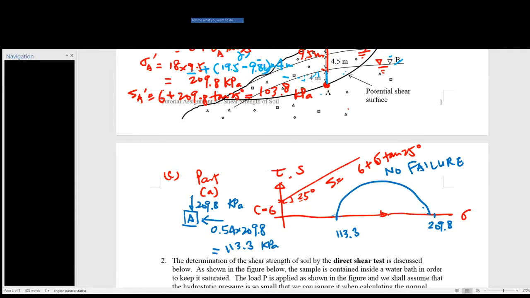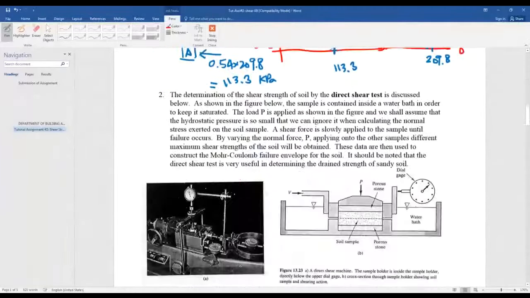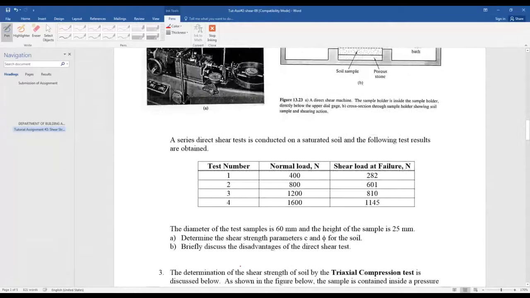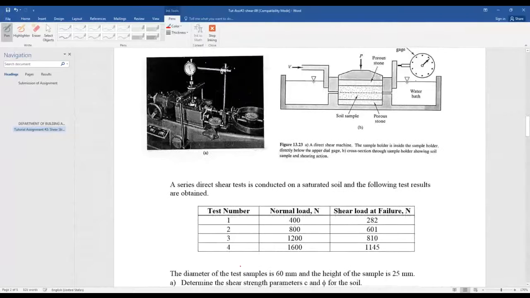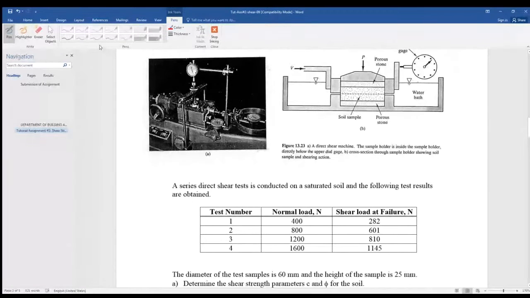Okay, then we go to problem 2. Now, let me explain first: what does this test talk about? That is a cylinder specimen.